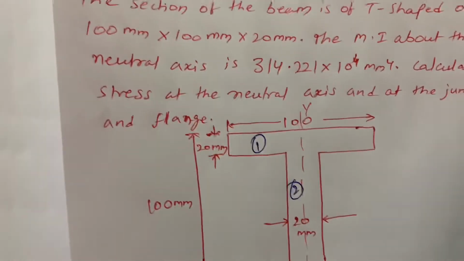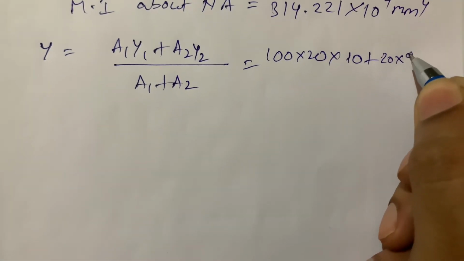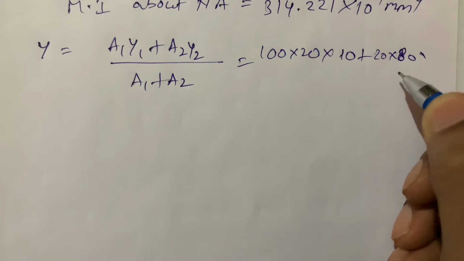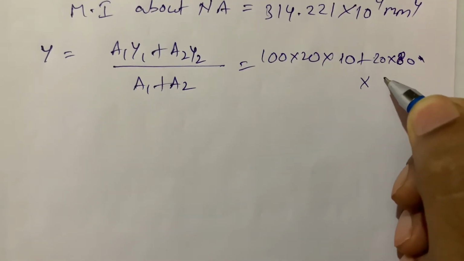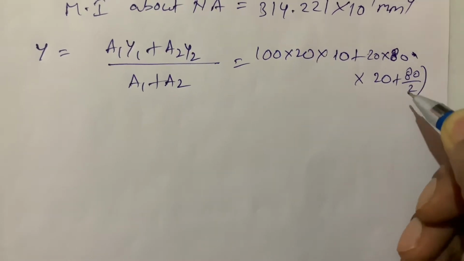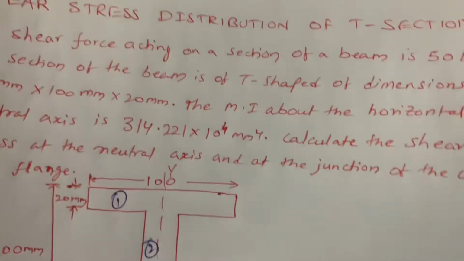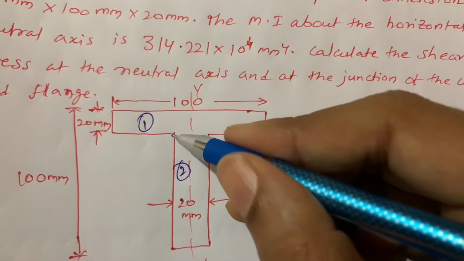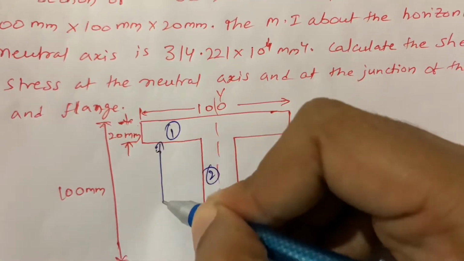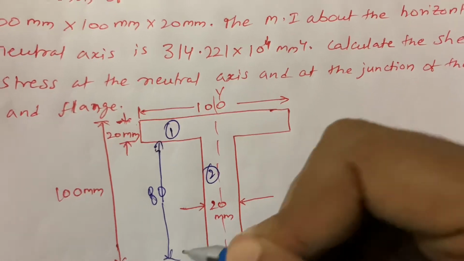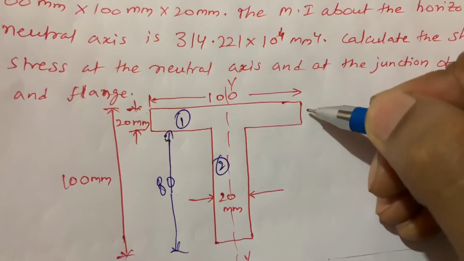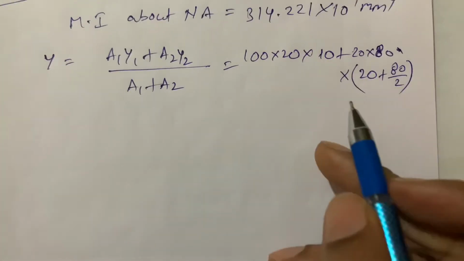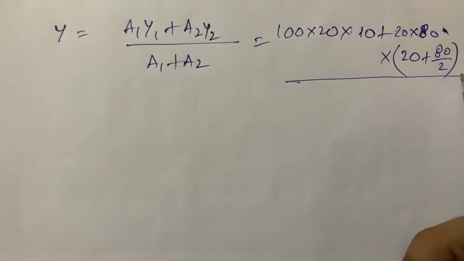Since we calculate from the top of the flange, Y2 is 20 plus 80 by 2: from the top to the flange bottom is 20, and then half of the web portion, 80 by 2. So that is Y2, divided by A1 plus A2.